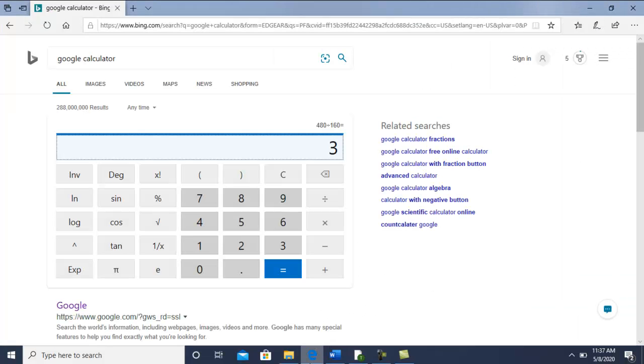Remember, you've got a calculator. Let's clear everything out. So we're going to say 3 times 196, and then we're going to press equals. That's 588.